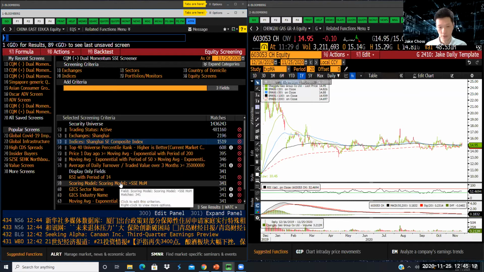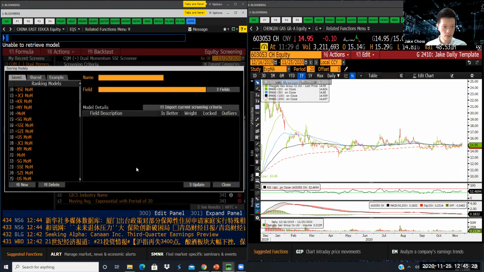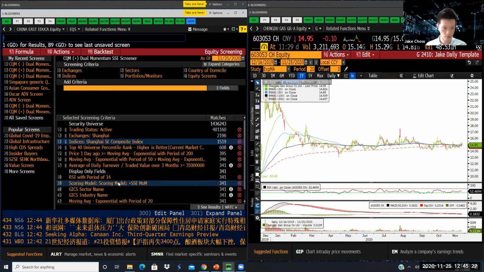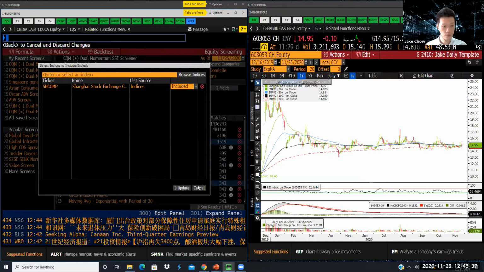So for the scoring model that I talked about last week, you can right click on this. And this is where it will show you the models, but you can right click. Okay, yeah, I can right click, edit criteria. Oops, wait.